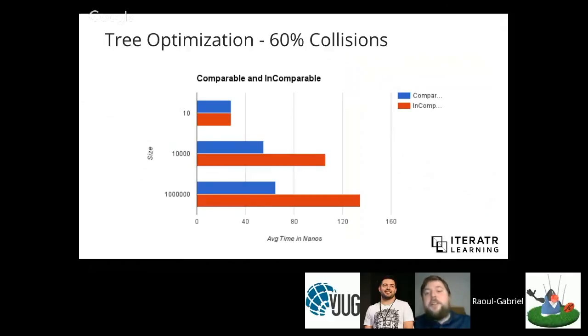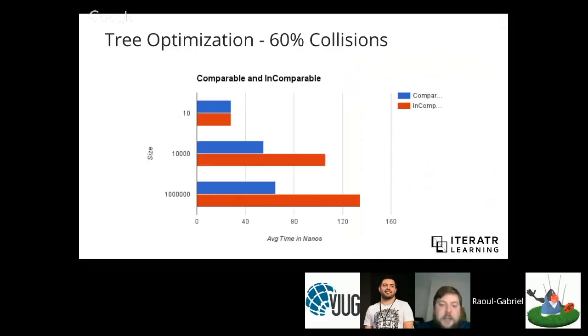Well, what you can see here is the average insertion time for a hash map which has a comparable or incomparable key. Obviously, for comparable keys, we're using the tree map optimization. For incomparable keys, we don't get the tree map optimizations in effect at all.